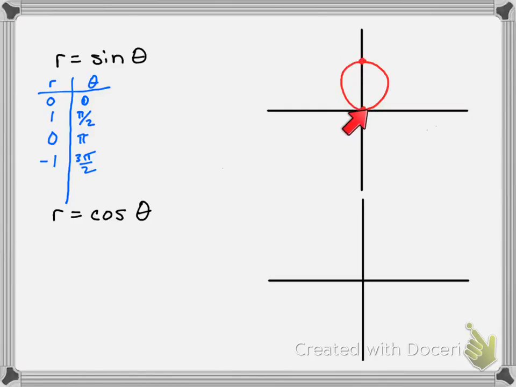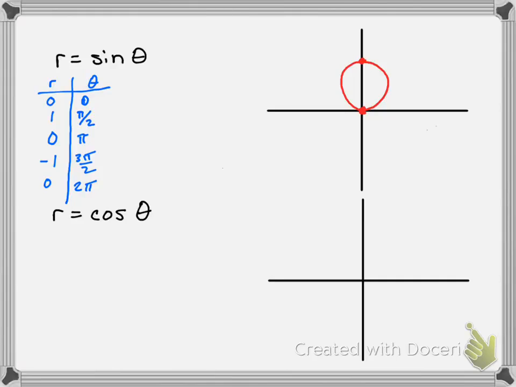So we started our rotation going around this way, and then to this point, and then back around to this point. And if we go to 2 pi, that puts us back again at 0. So what we have for a graph is simply a circle where the diameter goes from 0, 0 to 0, 1. And that's pretty much it.